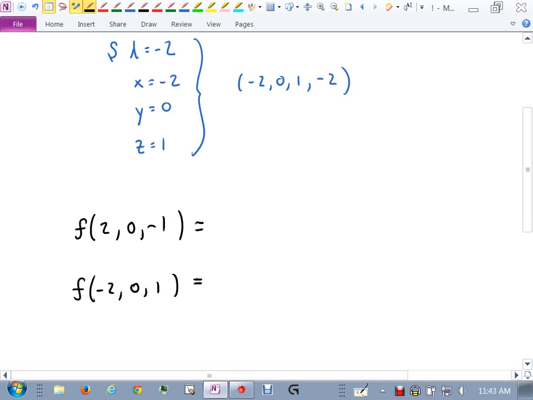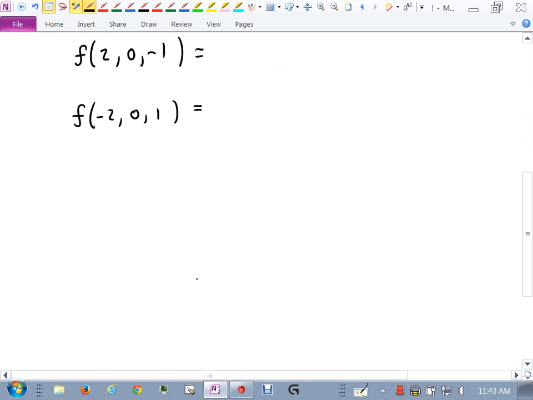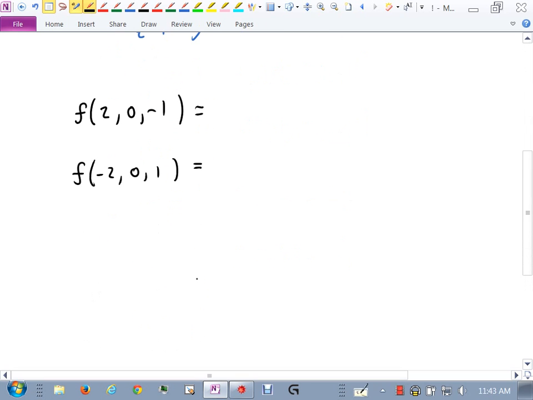So what do you get when you plug it in? 20 here? And then what about this one? 12? Max and min? I didn't get 12. What is it?